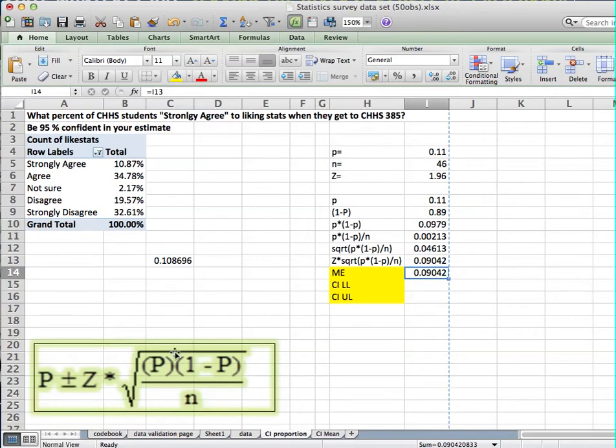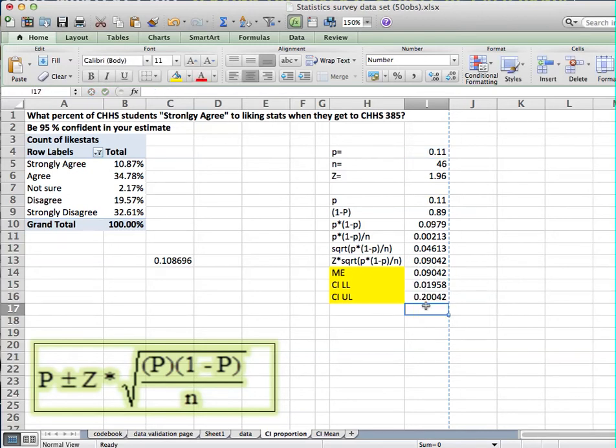So to calculate the confidence interval for the lower bound, I just have to subtract the margin of error from the proportion. So this is equal to proportion minus margin of error. And for the upper level, the upper level is equal to the proportion plus the margin of error.